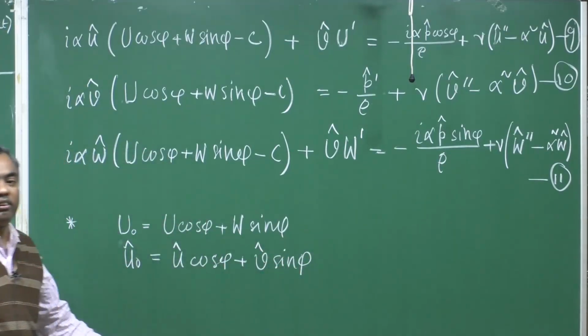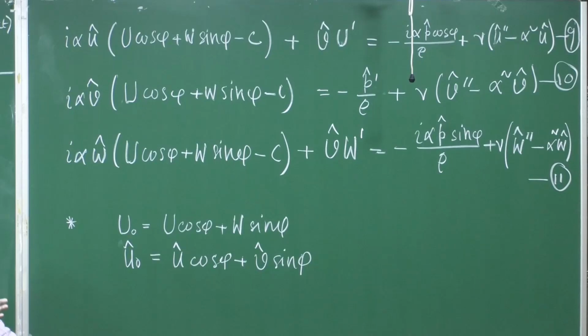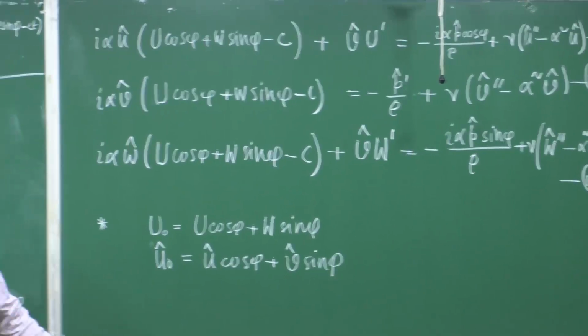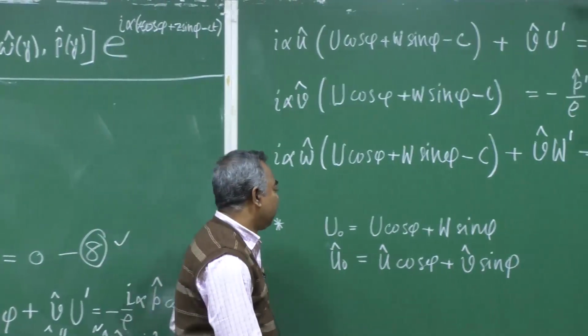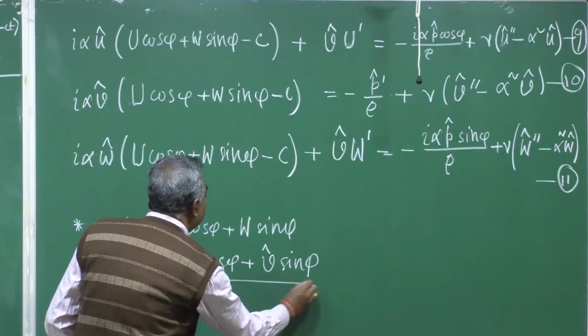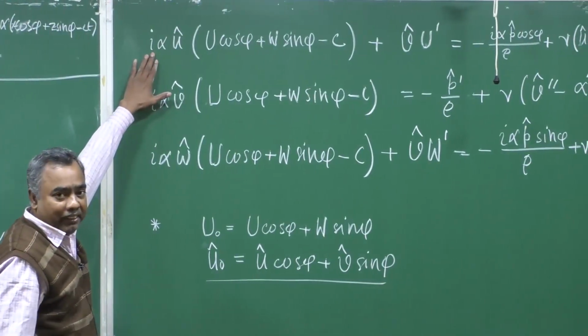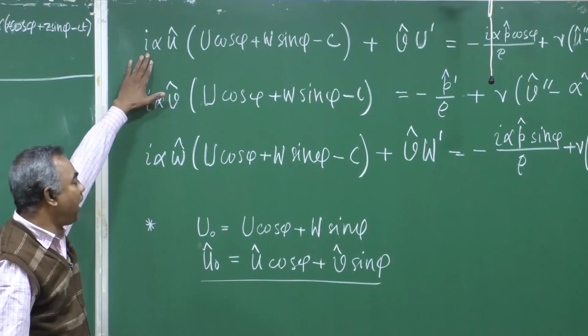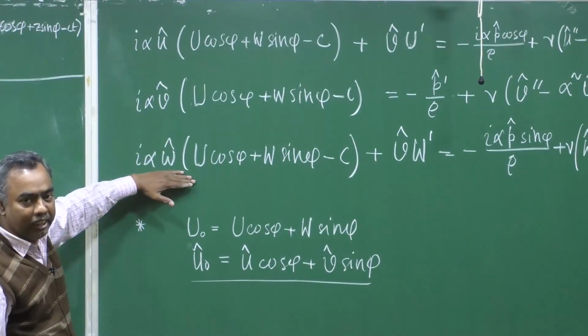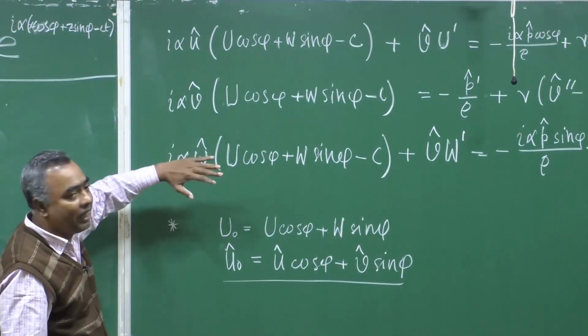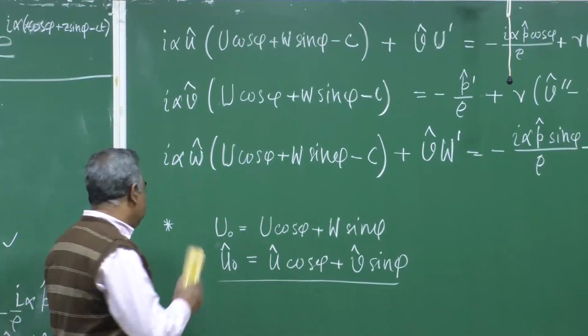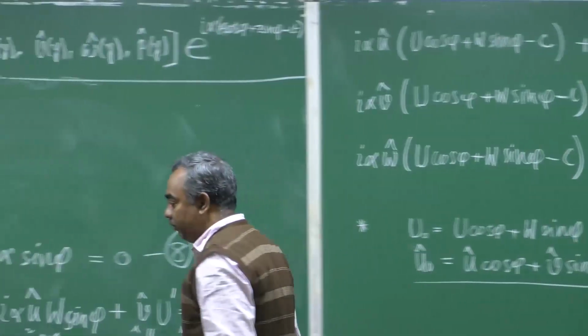This is the disturbance propagating along the wave vector direction. So, first we consider this. After this, we multiply equation 9 by cosine phi, multiply equation 11 by sin phi, and add them together. So, if we do that, what do we get? Let me write it here.